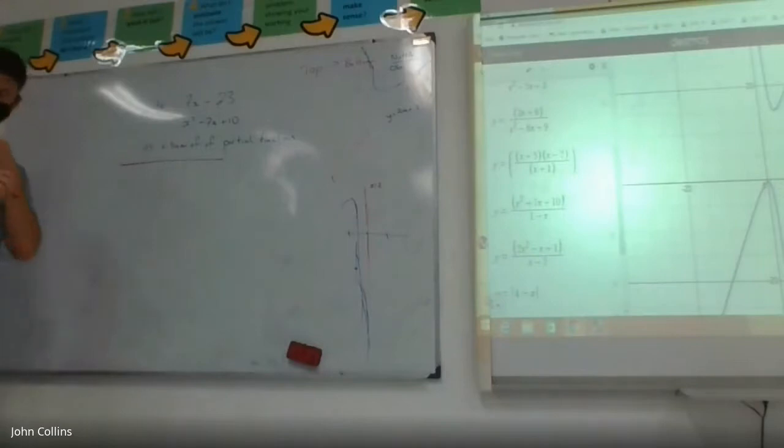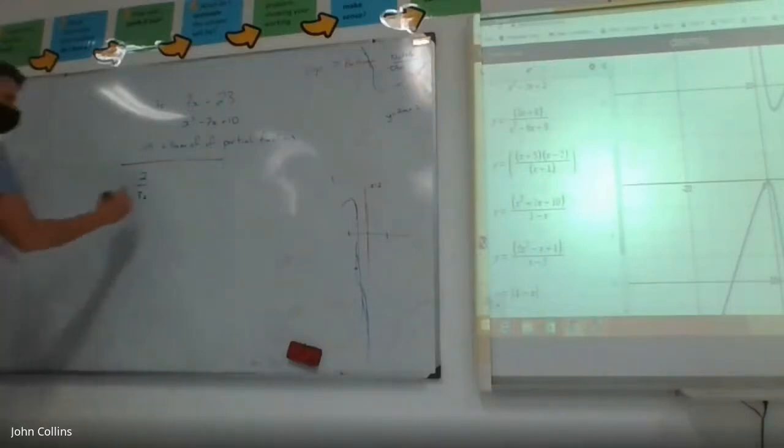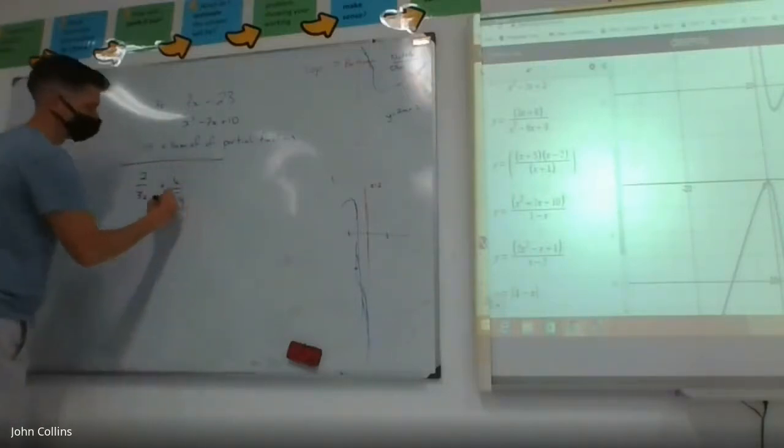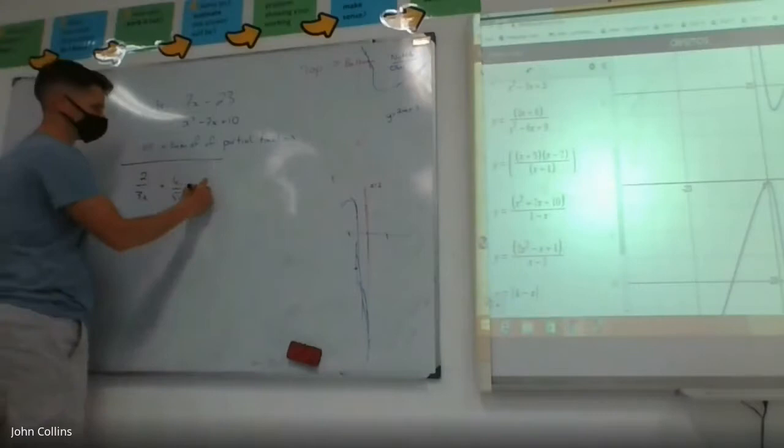So a side note, not the actual question. If we were to add two fractions with variables in them, how do we do it? You get a common denominator. What is the common denominator? Well, there's x and y, so you can multiply x and y for both.